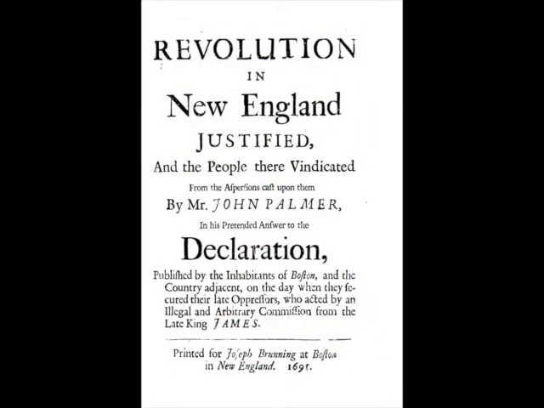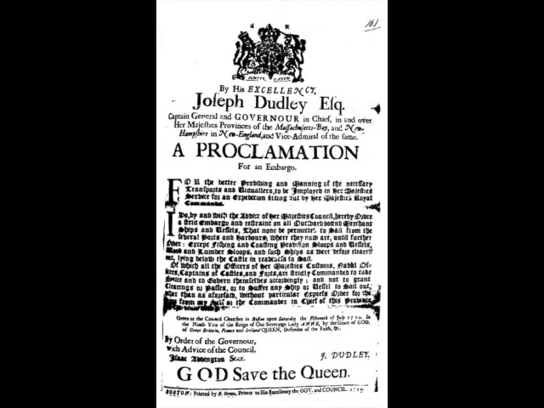The first document was printed in 1691 and deals with justifying a revolution in New England in 1689. The second document, we're going to look at the embargo of goods imported to the colonies in 1710.